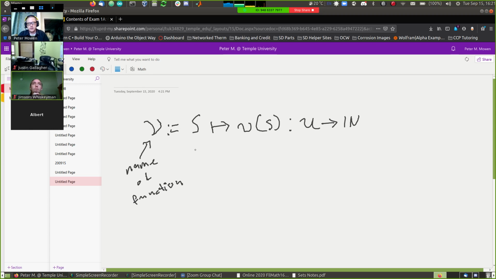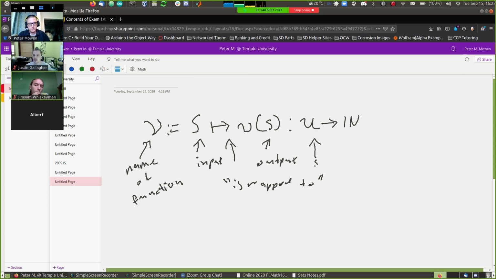So this is nu is defined to be equal to the function that maps s to nu of s for sets going from the universe to the natural numbers. So this is your function input, and this is mapped to. And then this is the output.